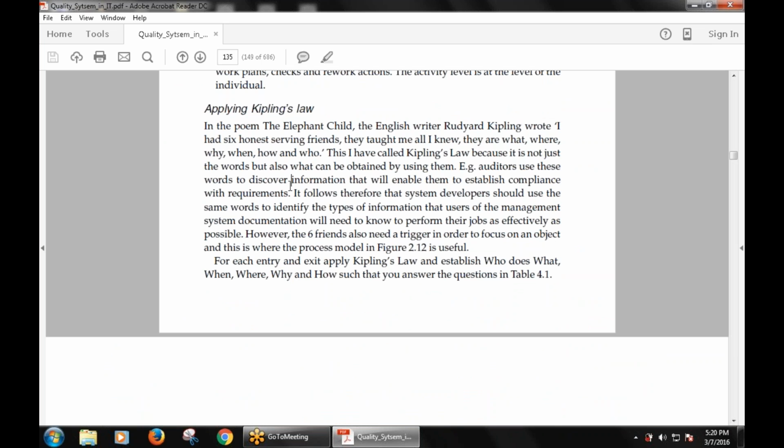For example, auditors use these words to discover the information required for the users' documentation that they need to perform their jobs as effectively as possible. Developers use Kipling's law to identify various information, management tasks, and documentation used to perform their jobs as effectively as possible.